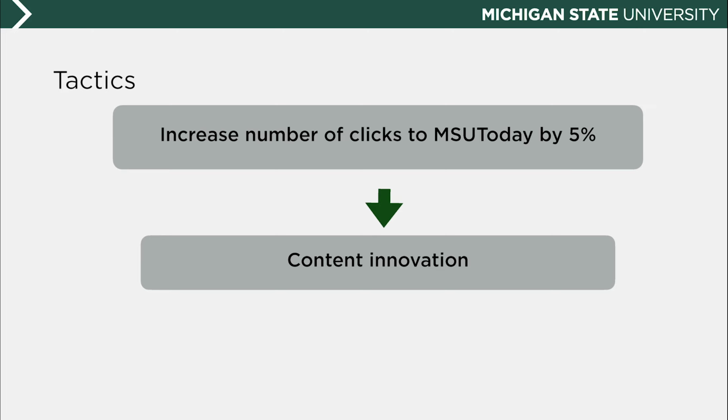One of the tactics that we can do to try to affect that number is coming up with new content ideas, so different ways of telling stories, maybe trying a Reels versus a traditional video, or trying to make a GIF that we've never done before, things like that, to really try to innovate and do new things.